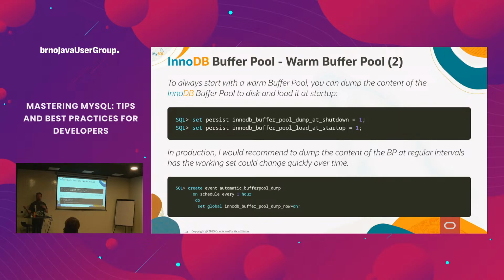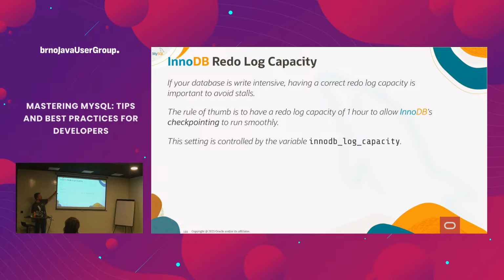So when you do big selects, maybe you will select only part of the index or part of the data that is in the partition, right? So this was the first thing, working set in memory. The second thing, now that we write data, is the redo log capacity.